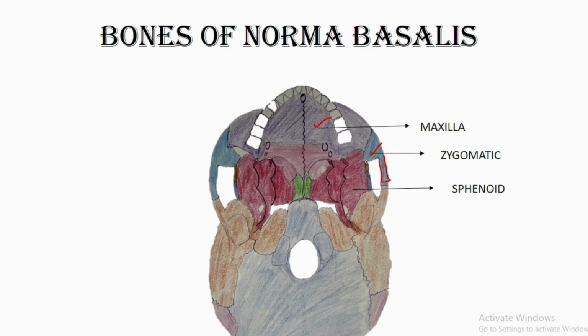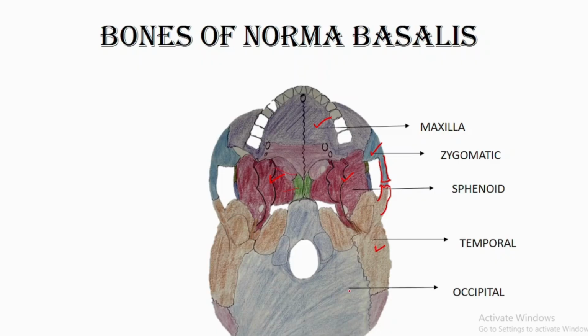Next is the sphenoid bone. Sphenoid bone basically forms the major portion of the middle part of norma basalis. This red colored bone on both sides is the sphenoid bone. Next is the temporal bone, and this is the zygomatic process of temporal bone forming the posterior portion of the zygomatic arch.